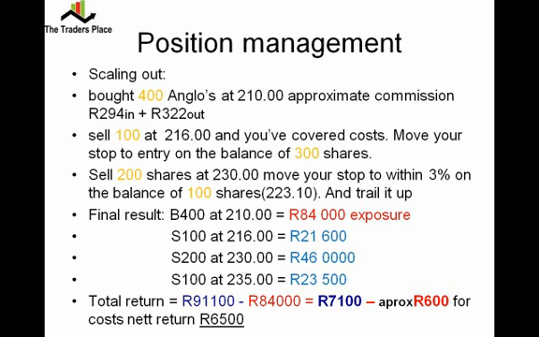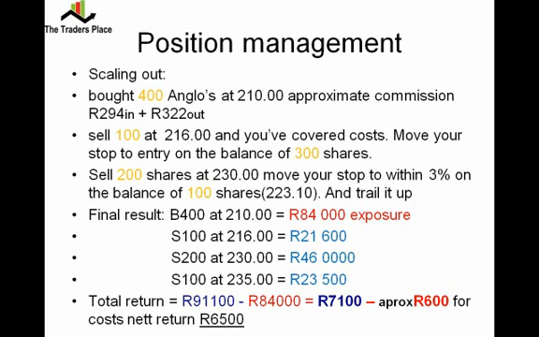The first goal is to cover cost. So if you reach 216 Rand a share, you can close out 100 shares. So you sell 100 shares into the market. You now know that you've covered cost, and you can move your stop loss up to entry on the balance of 300 shares. So 210 Rand now becomes your stop.